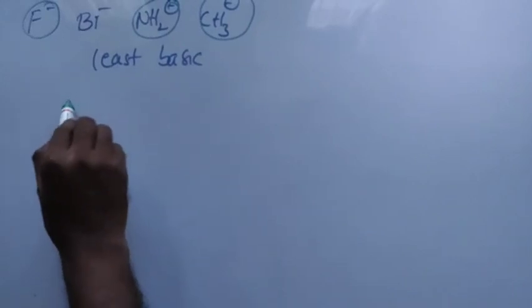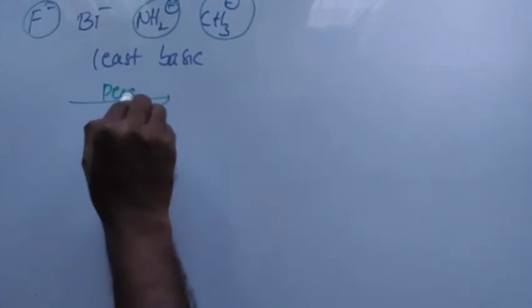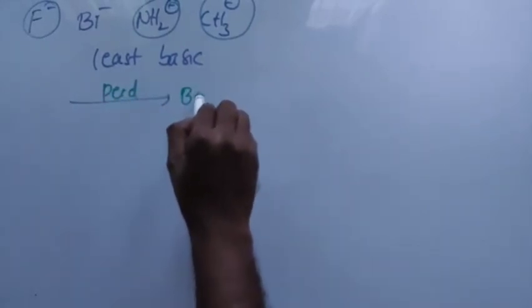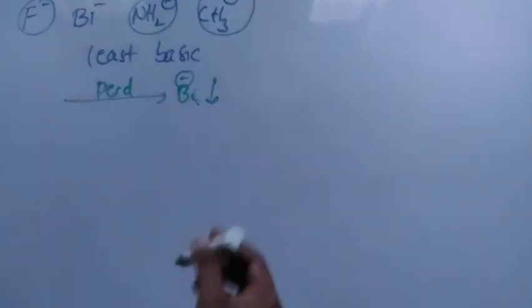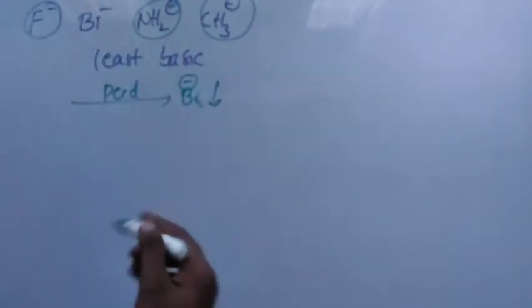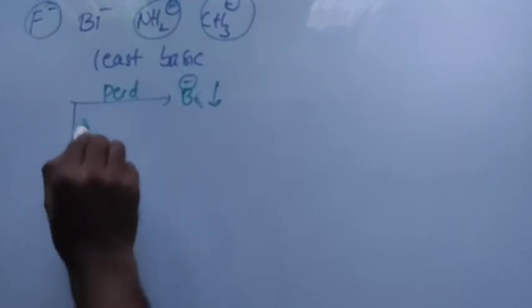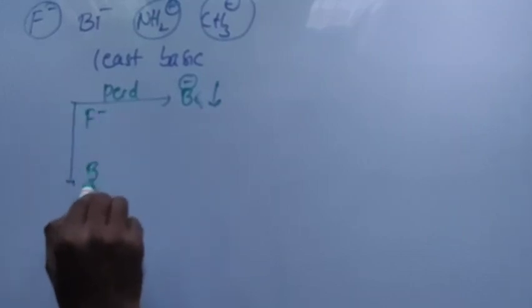And we know across the period basicity decreases. Therefore, among these, fluoride ion is the weak base.